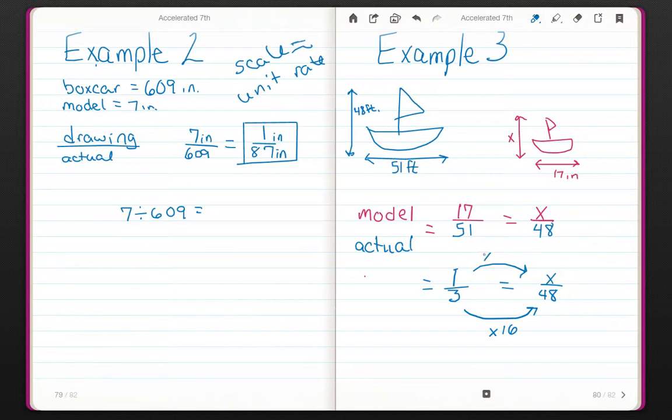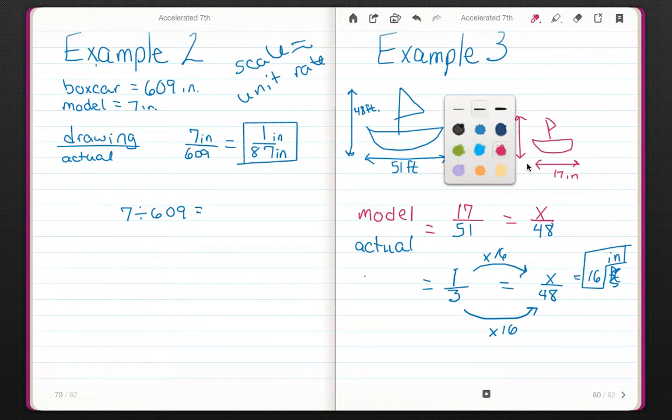So 1 times 16, x equals 16, sorry, let's use the right units here, 16 inches. So the height of my model will be 16 inches. You can use cross products, that's totally fine with me, or you can reduce and use mental math. I'm okay with that too.